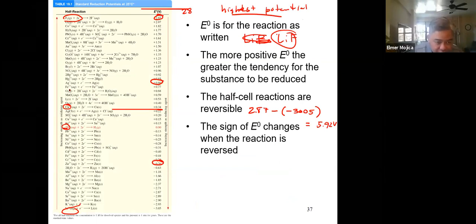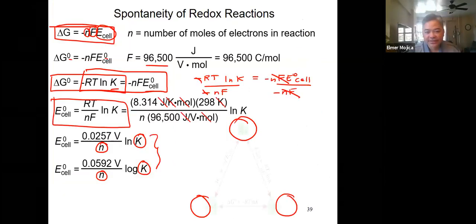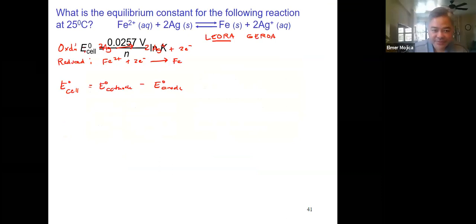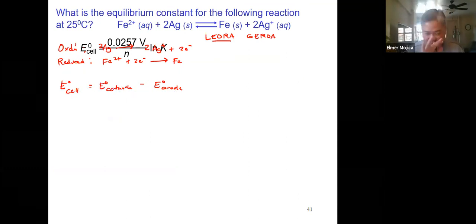The iron that you have is Fe2+, so that would be this one, negative 0.44, and 0.80.